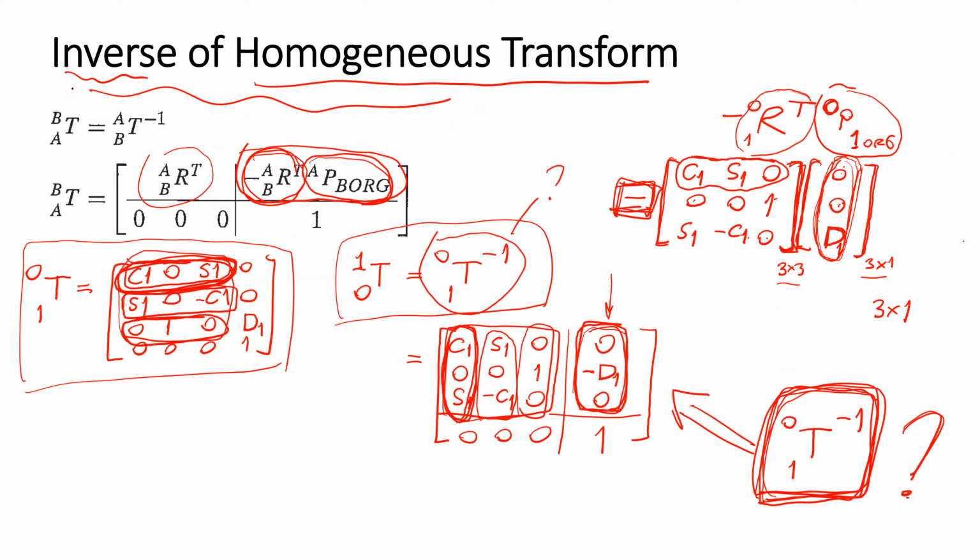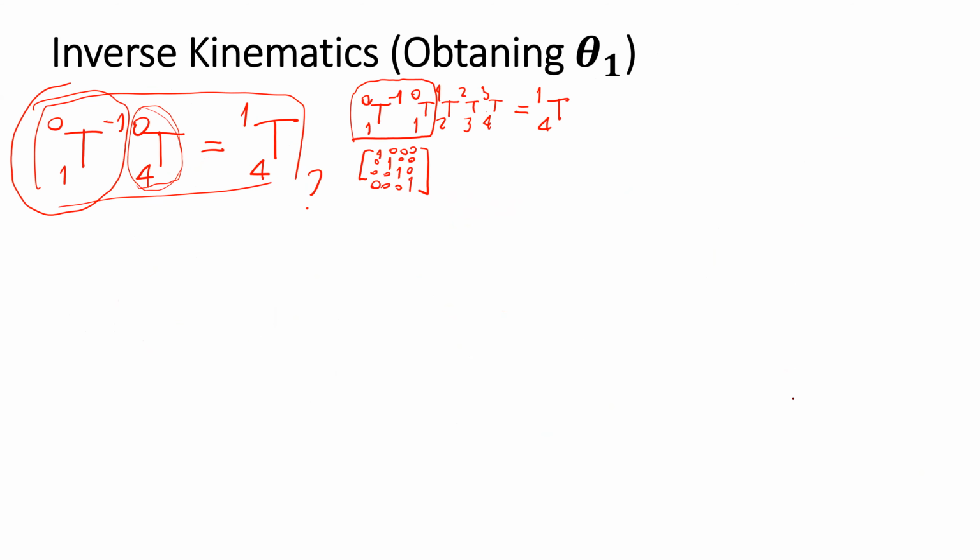So I'm gonna copy this one, the inverse of the homogeneous transform of the link 1 is equal to C1, S1, 0, 0, 0, 0, 1 and minus D1, and S1, minus C1, 0, 0, and 0, 0, 0, 1.